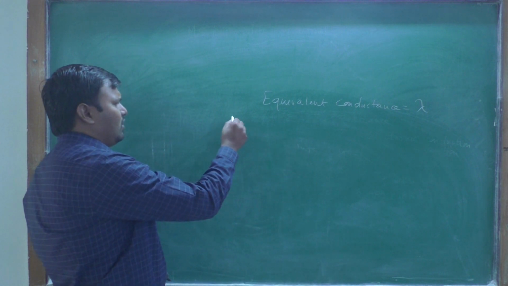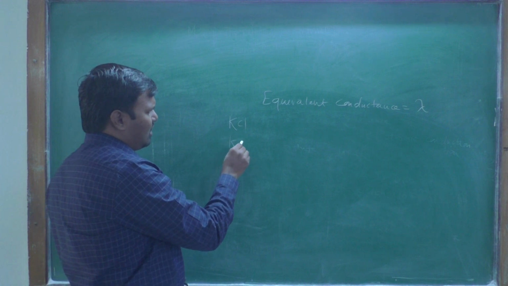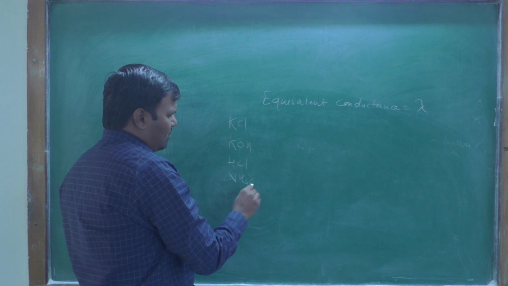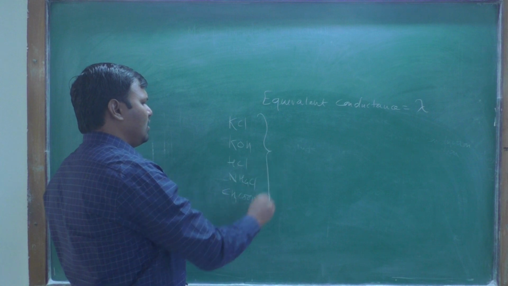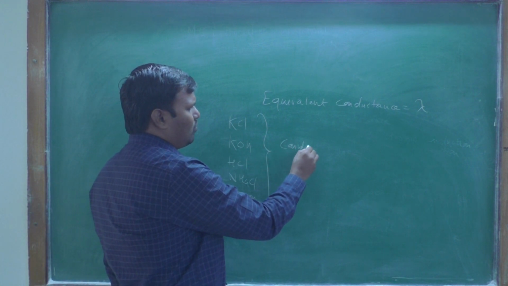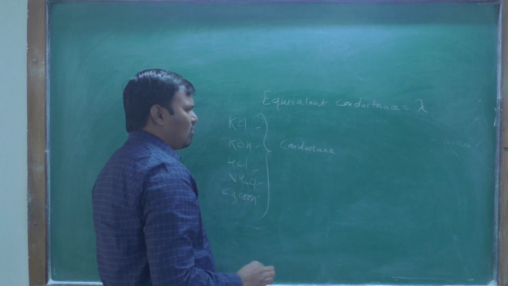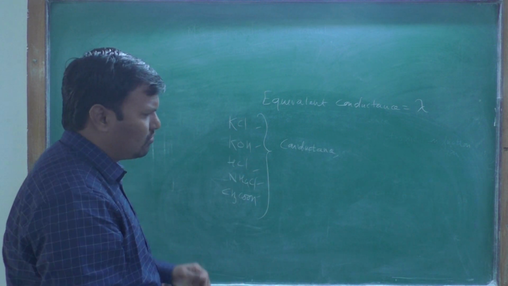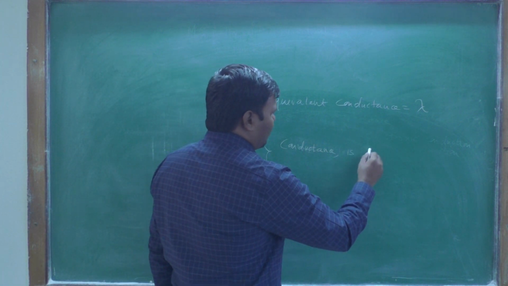When we have different types of electrolytes, that is KCl, KOH, HCl, NH4Cl, and CH3COOH, and we find the conductance for a particular concentration of these different electrolytes, it is found that the conductance for each electrolyte is different.